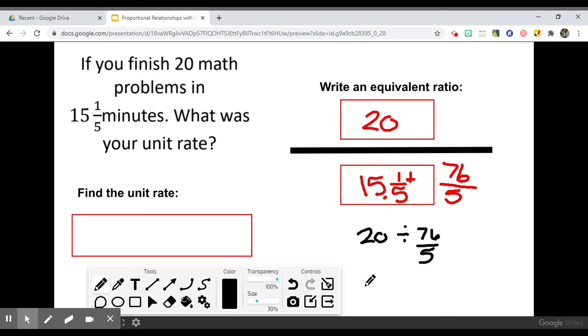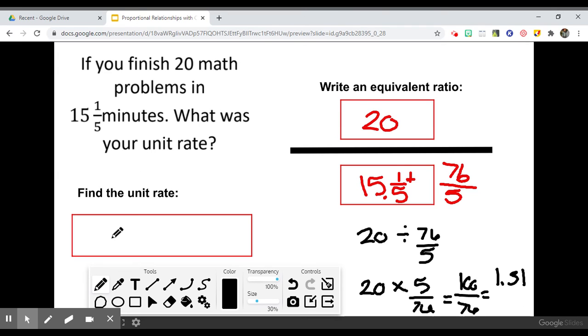I'm going to keep the first, change my sign, and flip my fraction. 20 times 5 is 100 over 76. 100 divided by 76 is 1.31, and then there's a whole bunch of repeating numbers after that.